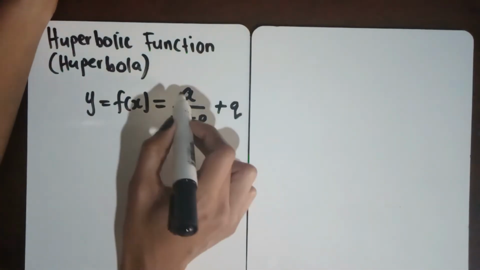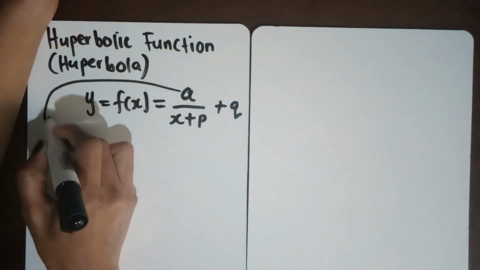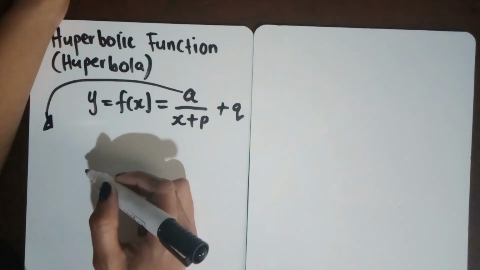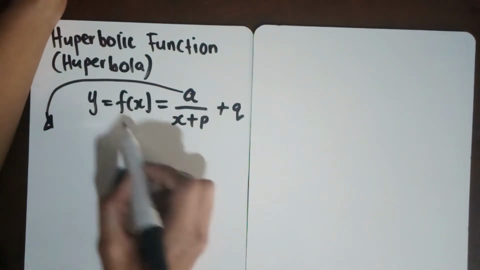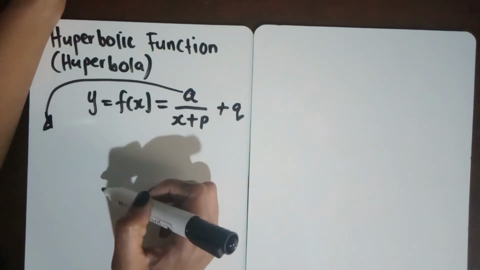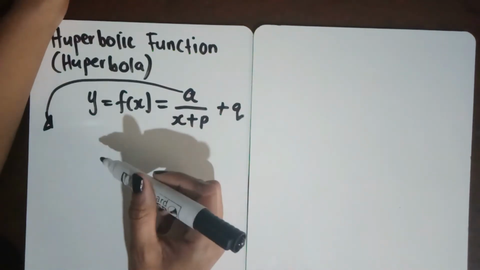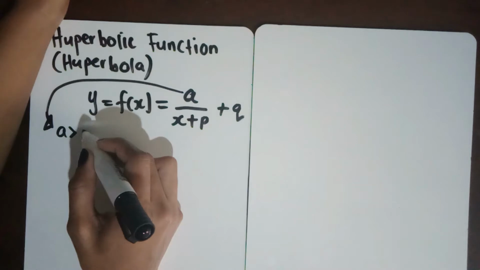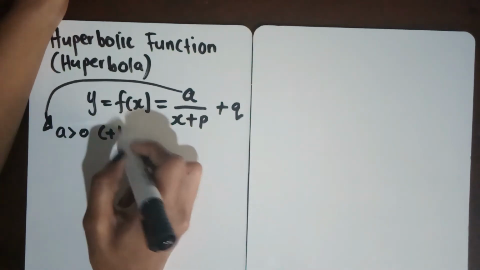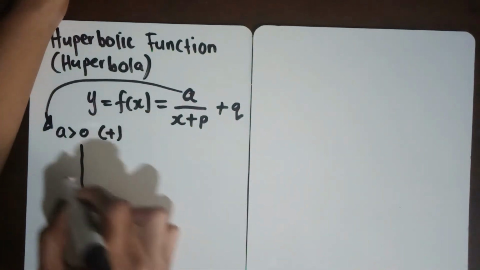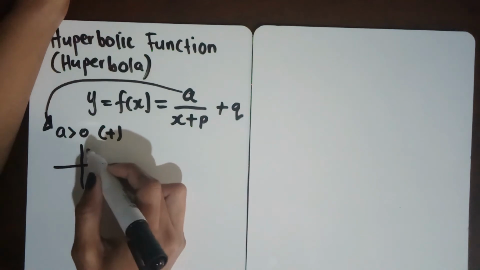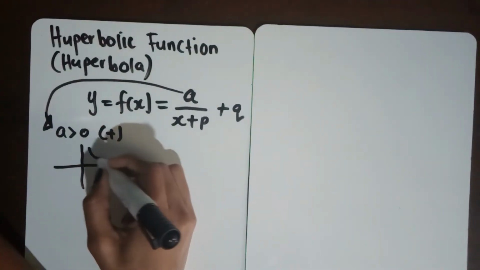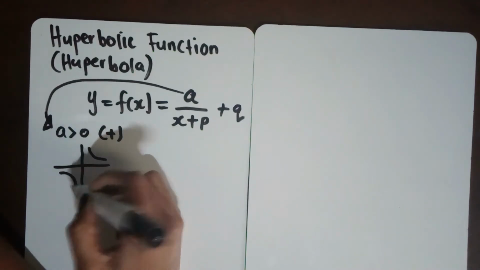So in terms of a, a has an effect on the shape, as well as on which quadrants we are actually going to draw our function. For example, if the value of a is greater than 0, that means it will be positive, and our hyperbolic function is actually going to be in the first quadrant as well as the third quadrant.